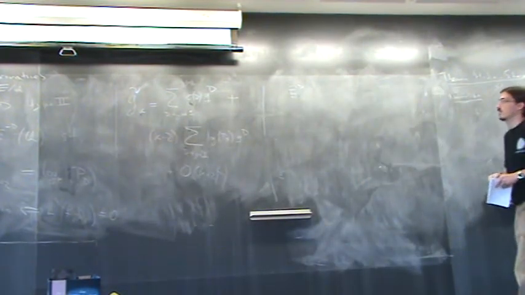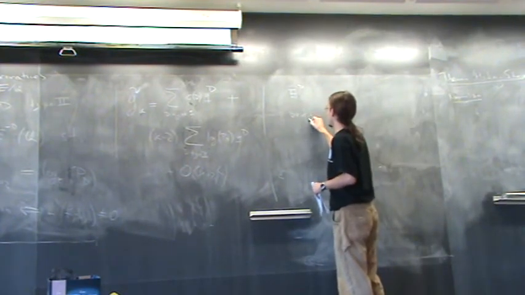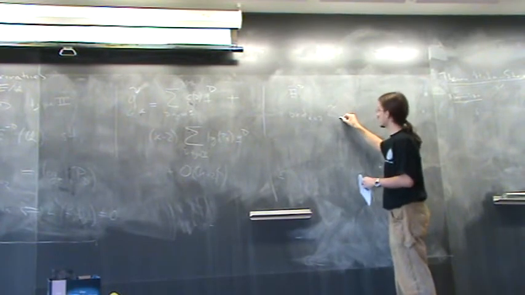So one could ask, what is the order of vanishing at k equals 2 of this coefficient in general?